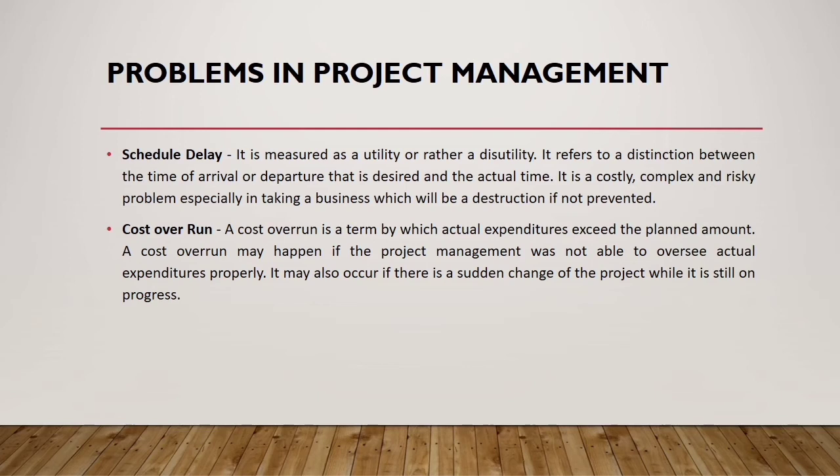Cost overrun means the amount spent exceeds the budget of the project, so there should be a cancellation. Instead of funding the project, the cost is spent on something else.